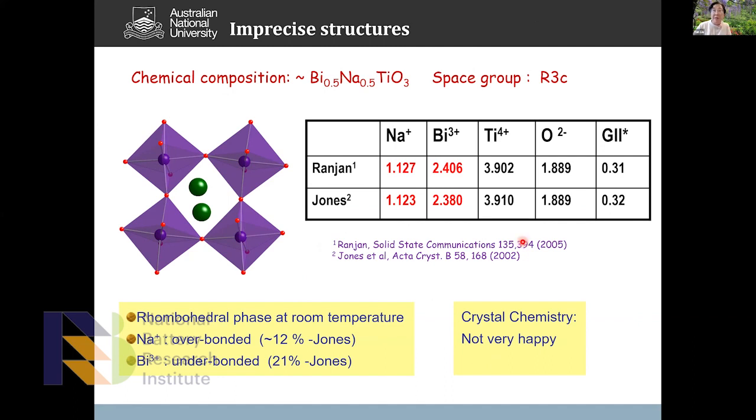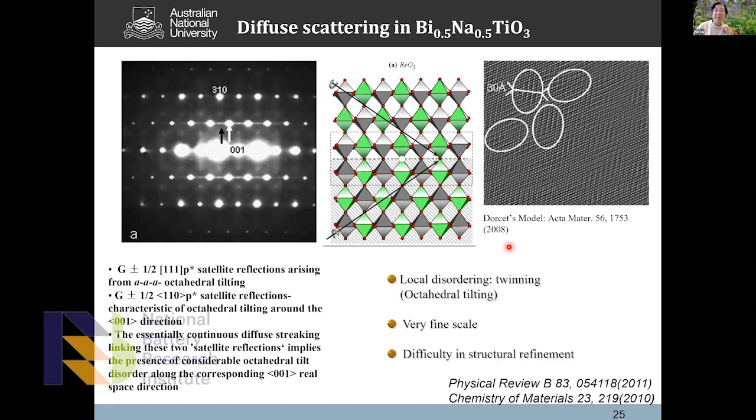So in that case, we investigated using electron diffraction. We find that this strong peak is related to the rhombohedral structure. This material has a rhombohedral structure, with octahedral tilting along the 1-1-1 direction, where one rotates this way and the next rotates the opposite way. That gives you a satellite diffraction here, at half 1-1-1.